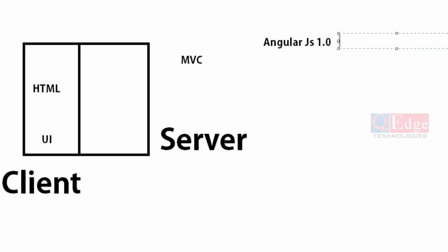AngularJS 1.0 implements MVC architecture in the UI part. MVC is not only for any one technology; it's an architecture. It's client-side programming, and that's why we are going to implement MVC on the client side also.